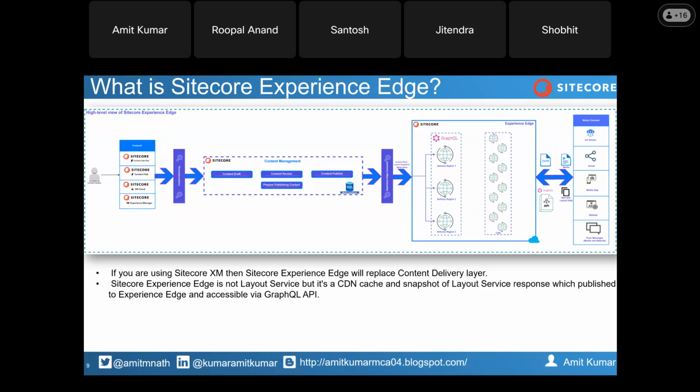Like if you build a normal ASP.NET MVC application, you have routing defined in the config file. In the same way, you need to define links in your website which go to your code base in your router, and then you make a call to Sitecore Experience Edge, get the data and render the complete page. That type of mechanism you need to write if you are going with plain vanilla ASP.NET MVC.